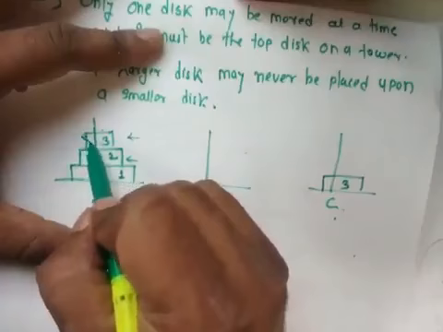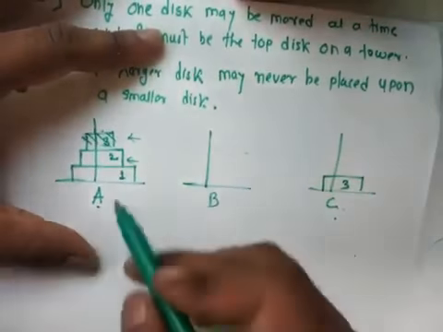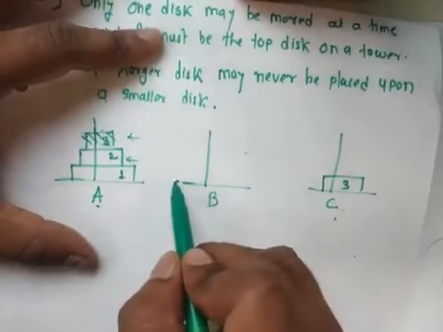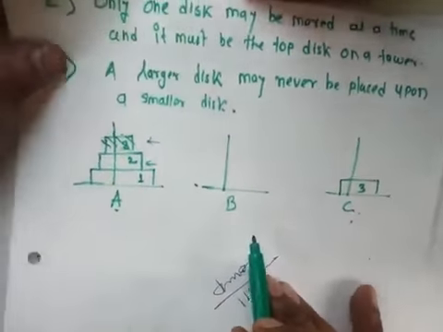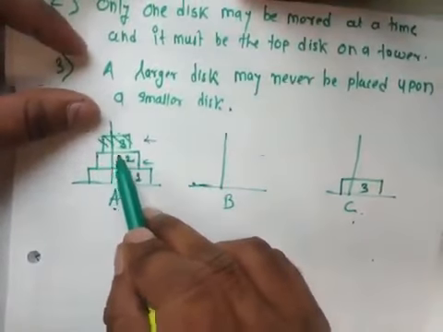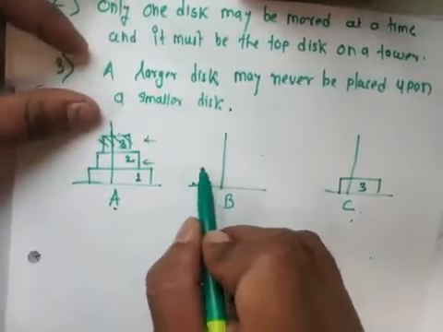Now from here we remove this disk. Now we have only 2. Then in the next iteration, I am going to move the disk number 2 to peg B.